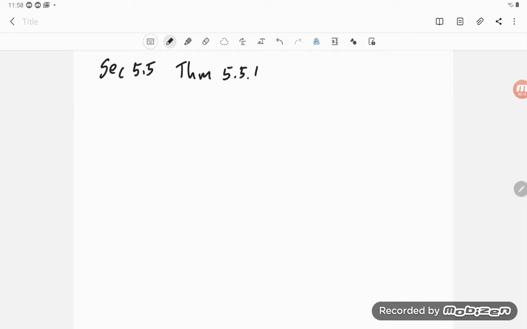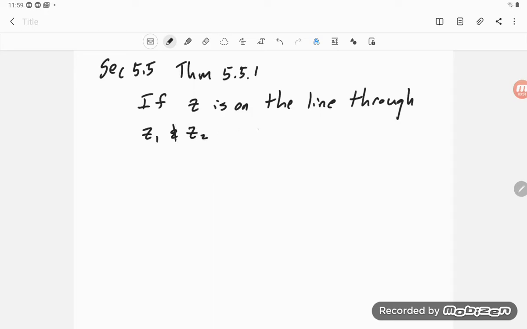Okay, so if z is on the line through two complex numbers, or points in the complex plane, z1 and z2, then one thing we already know, this has been mentioned, z is equal to (1 minus t) times z1 plus t times z2, where t is actually just a real number.